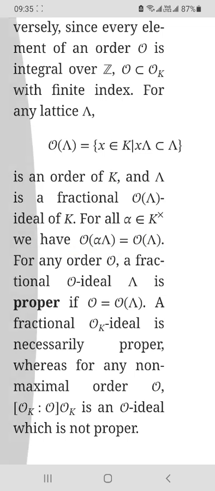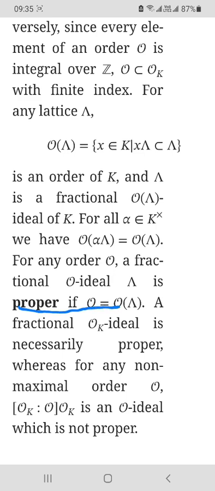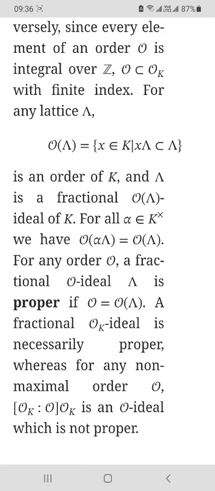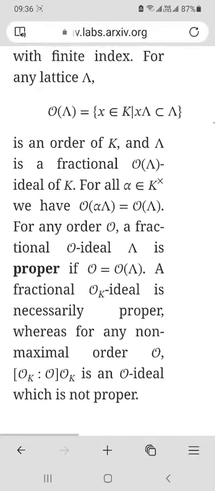So O of lambda contains O, and if lambda is proper, then O of lambda equals O. A fractional OK ideal is necessarily proper, whereas for any non-maximal order O, the index of O times OK, the index of O inside OK times OK, is an O ideal which is not proper. Okay, thank you very much.